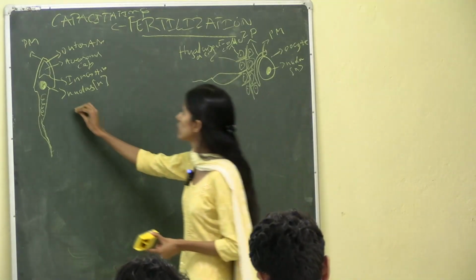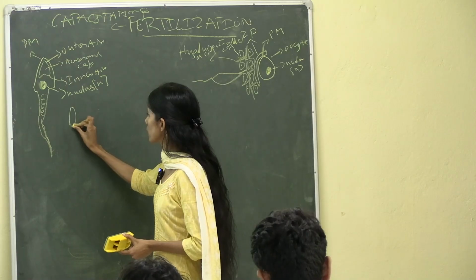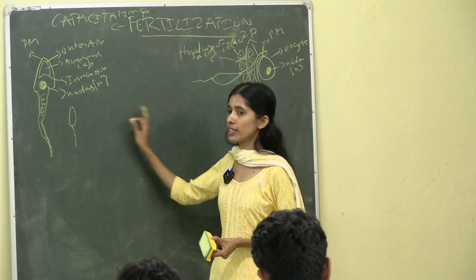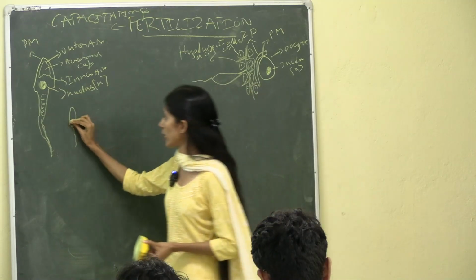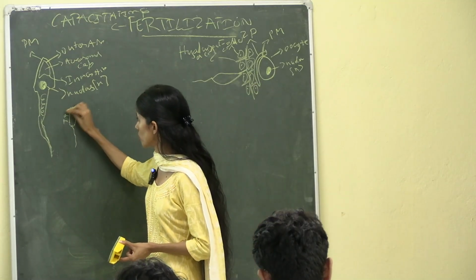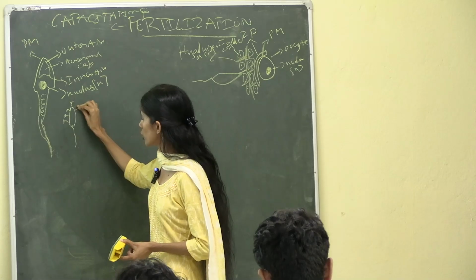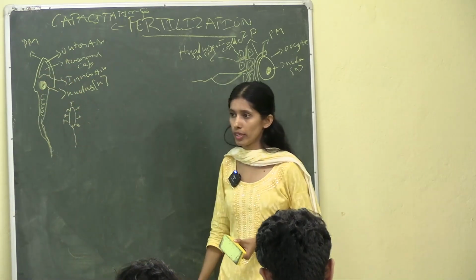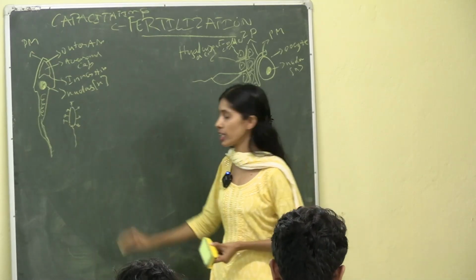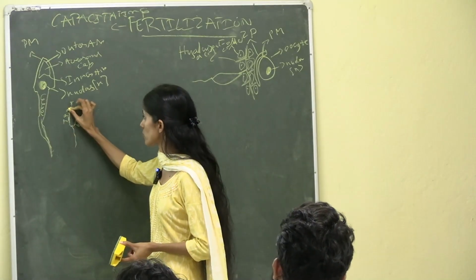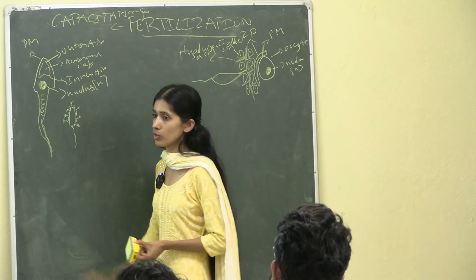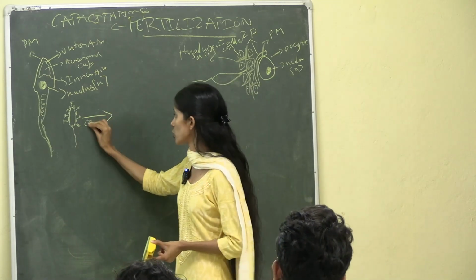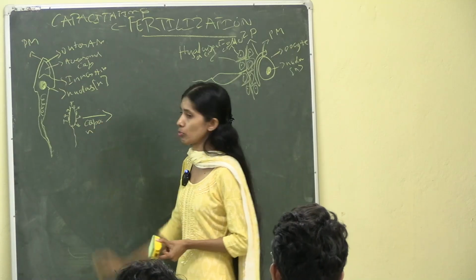Imagine this is the spermatozoa, or the sperm. When it enters the ampulla region, it has a lot of proteins attached to the wall of its plasma membrane, along with cholesterol. This structure should undergo the capacitation process, that means the maturation process.